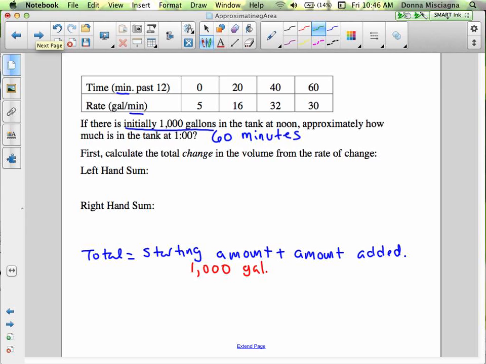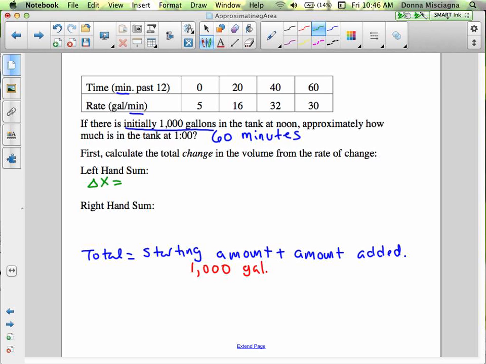So for the left-hand sum, now look carefully. Do we have a constant change in the values? Yes, right? Each one of those goes up by 20. So we can just take the heights and multiply by the change in x once. We don't have to find the area of every rectangle. So I always look to see, is it a constant change in x? Yes, those are going up by 20s.